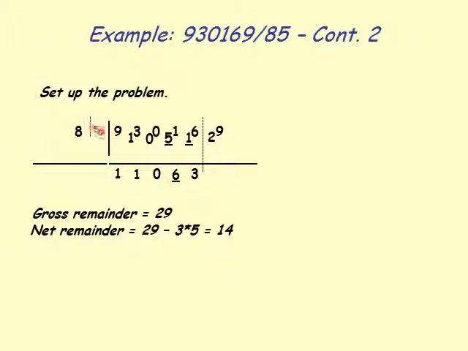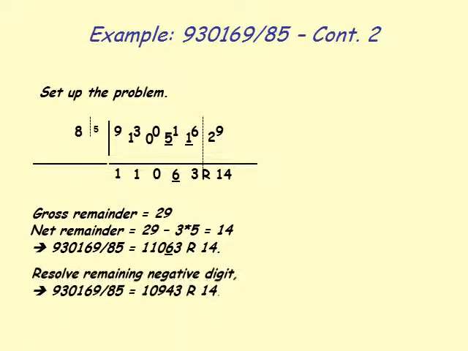The flag digit times the quotient digit, we have to subtract the product out of that from 29. So we get 14. Net remainder is 14. And so that means 930169 divided by 85 is 110, negative 6, 3, remainder 14. We have to resolve negative 6 here.